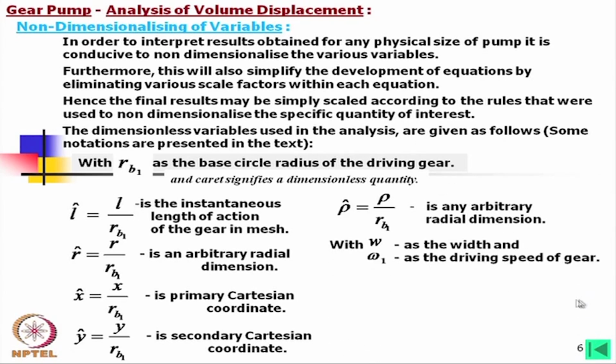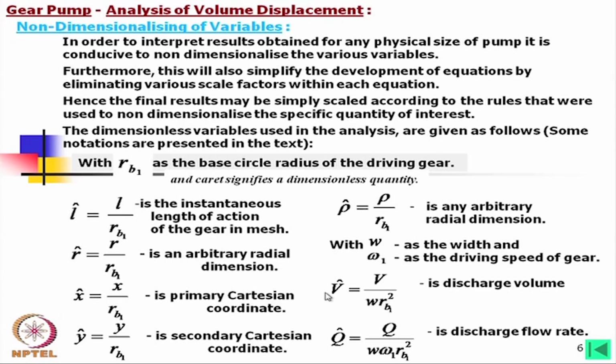Now, this is how we non-dimensionalize linear dimensions, but there are some other quantities also, for example, the volume. In that case, we consider the real width of the machine, and divide the volume by the width.